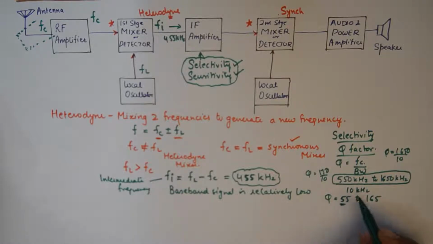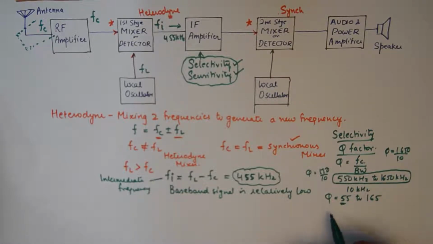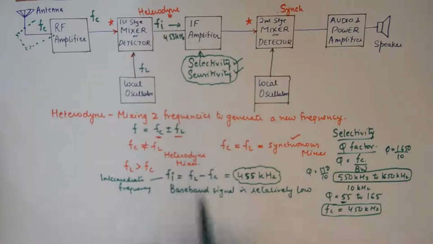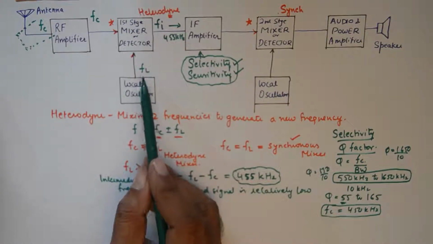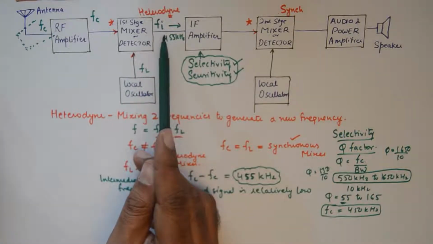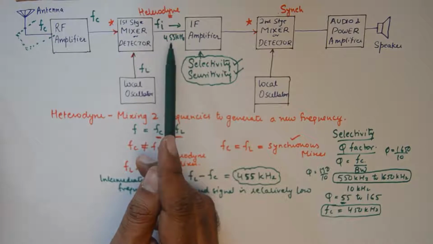So that is why we keep the central frequency at a fixed value of 455 kilohertz, here in this case, by selecting the value of the local oscillator in such a way that it generates an intermediate frequency of a fixed value.